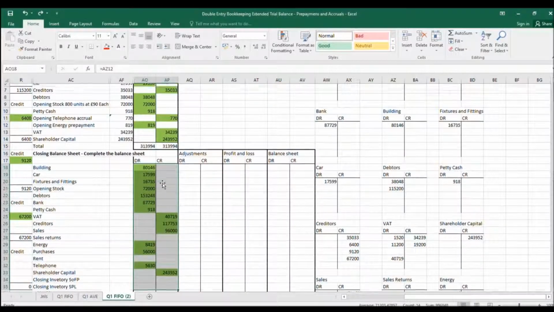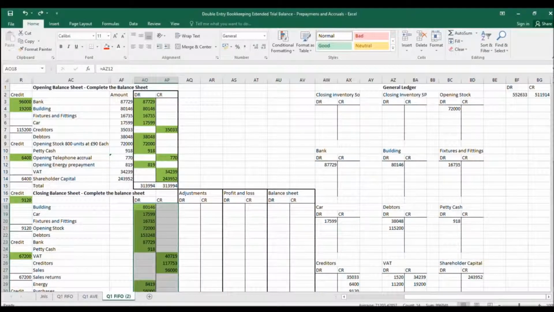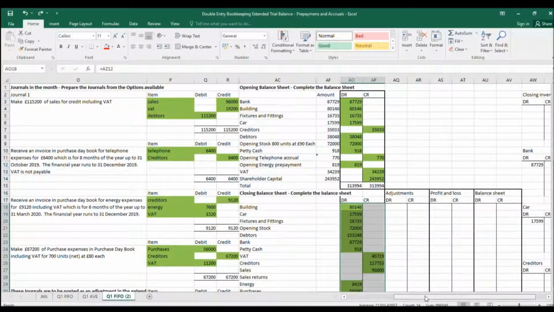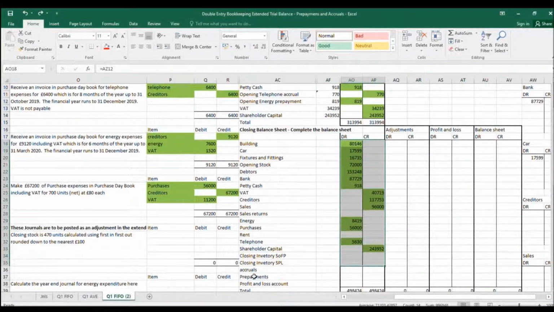That's the theoretically correct position of how it should be posted. You may see it appear in a draft trial balance because in reality people don't tend to do that. They don't tend to move it in there. They tend to do it as a part of the period end journal. So unless you've set your accounts up to actually do that, sometimes the software system is set up to automatically do it, you tend to see this actually sitting in the trial balance, and you reverse it in the adjustments.